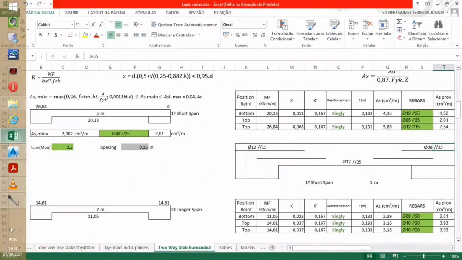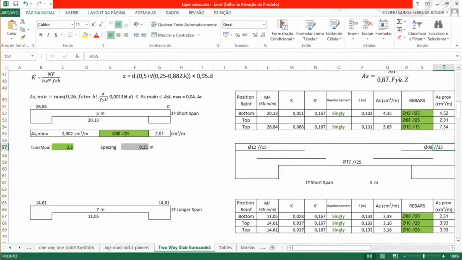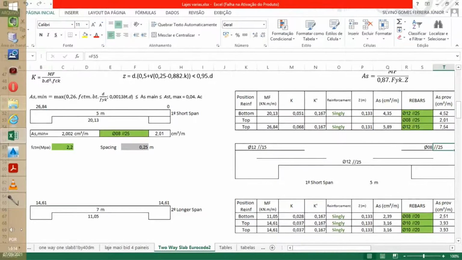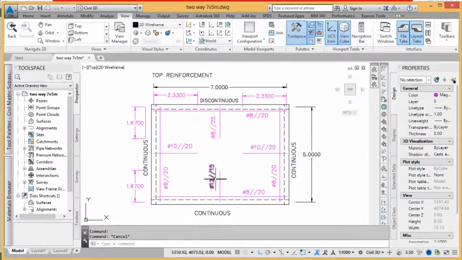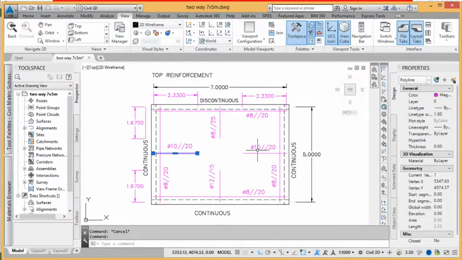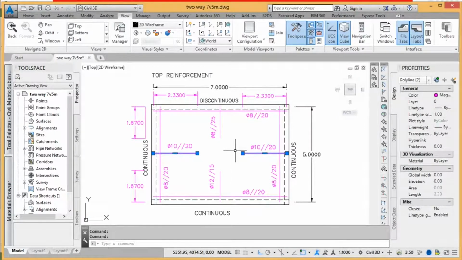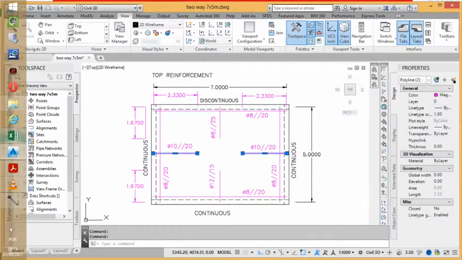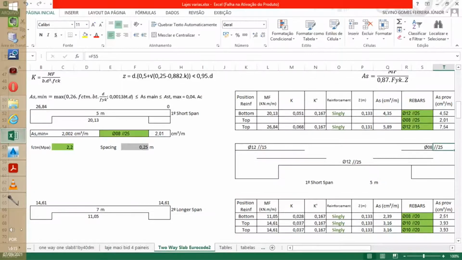Now going to check the reinforcement we have on the top, for this one and this one on the longer span that we calculated.